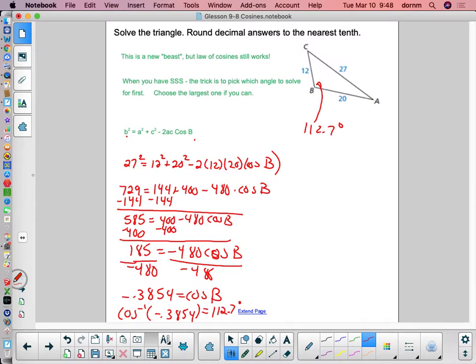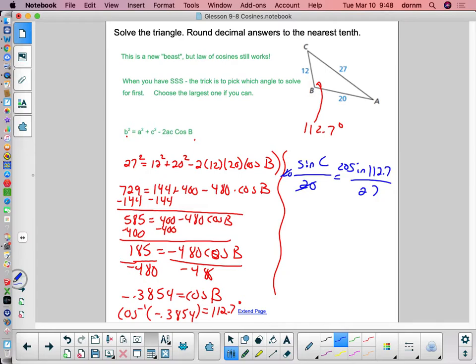Now about the other two angles. Well, pick one you want, and what are we going to do? Same thing we did before, law of sines. Which angle do you want, A or C? Doesn't matter. C, okay? So sine of C over 20 equals sine of 112.7 over 27. Multiply by 20.